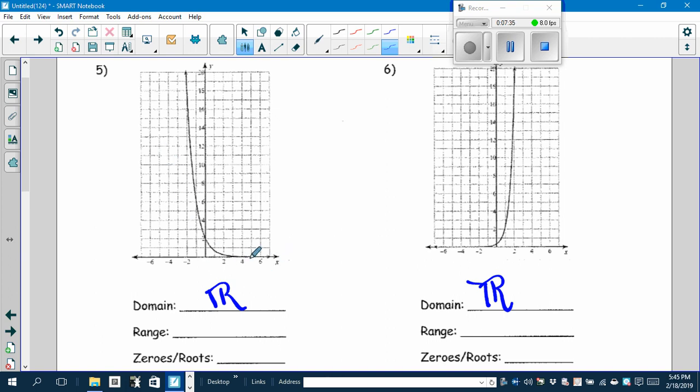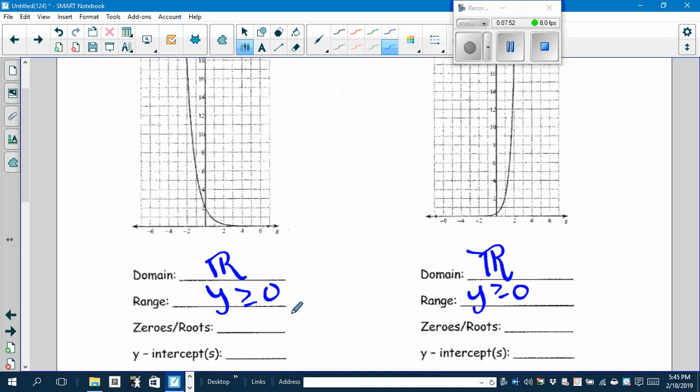So it's not going to go any further than 0. It's like an asymptote. So my range is y is greater than or equal to 0. Same with here. y is greater than or equal to 0, because it kind of goes down there and doesn't go any further.